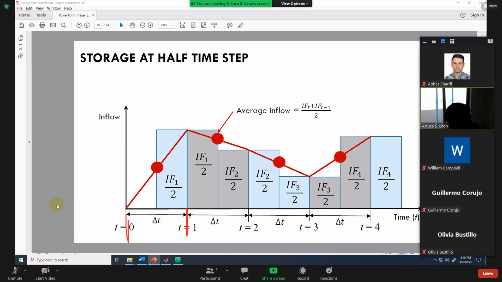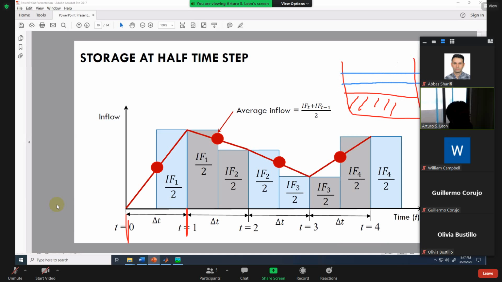Whenever you are filling the reservoir, if this is at time 0 hours, at time 1 hour maybe the level is going to be here. What's going to be the average between 0 and 1 hour? Because that's what I am interested in. So it's going to be this one, the average.